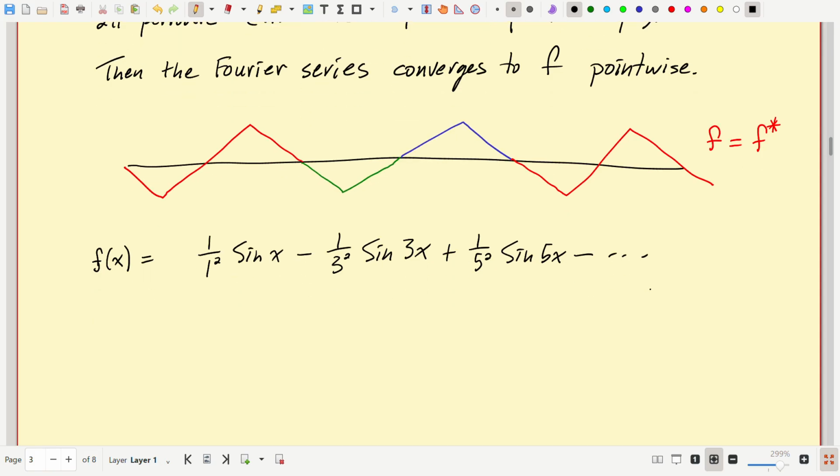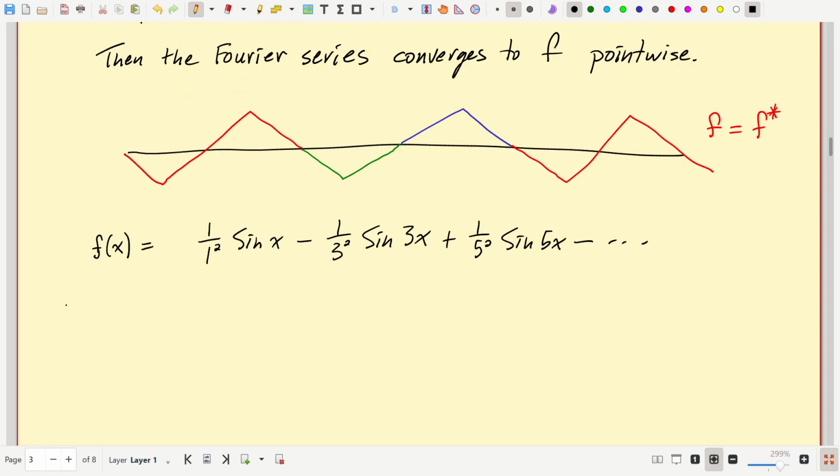But here's something interesting to note. Those coefficients in front of the sine functions are absolutely convergent.